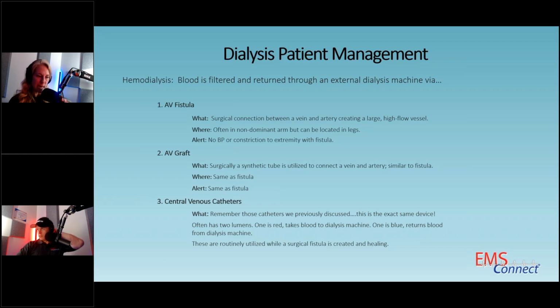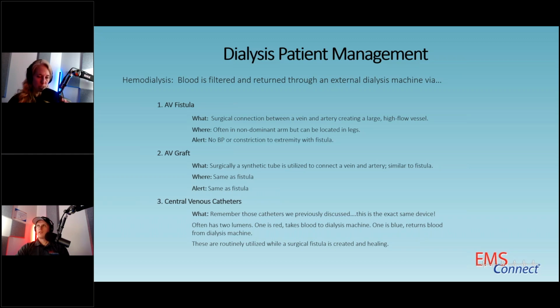When you have a dialysis patient with a catheter in their chest, it's going to be large, and it's going to have two hubs on it. One's going to be blue and one's going to be red. One is for the artery and one is for the vein, usually blue vein, red artery.